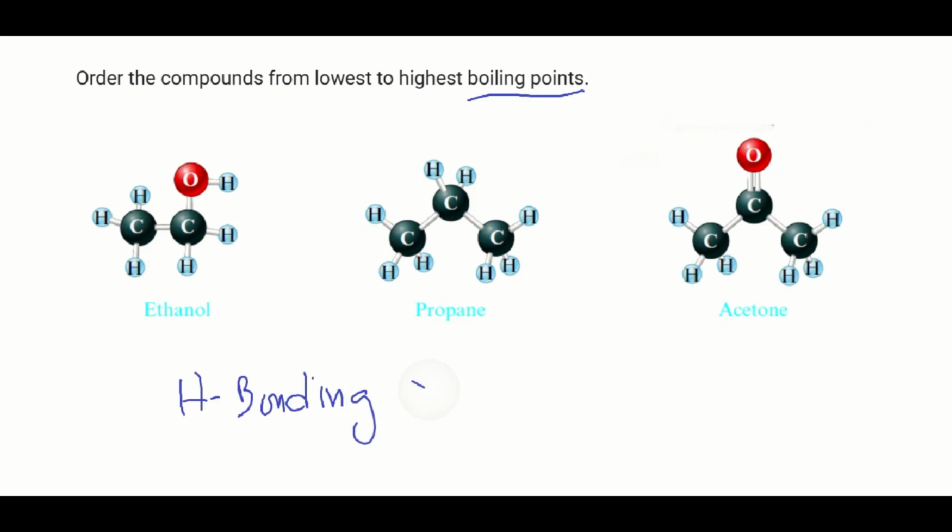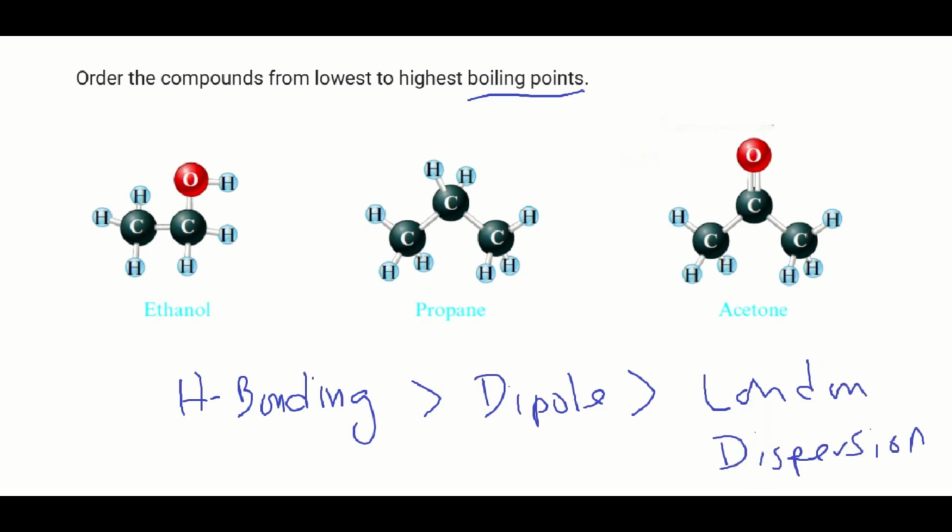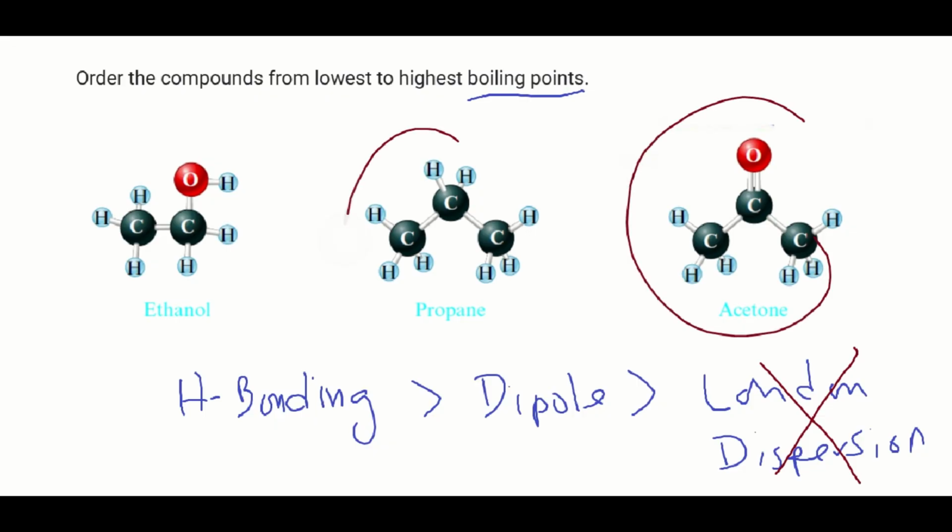Hydrogen bonding is going to be the strongest intermolecular force in molecules, followed by dipole forces. In other words, is the molecule polar or not? Finally, we have London dispersion forces. And since London dispersion forces are primarily determined by the size of the particles, we're not going to consider them because all three of these are about the same size.